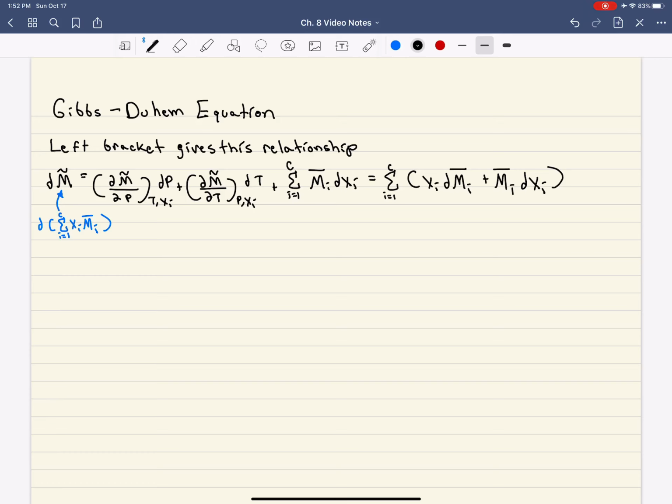Okay? Alright, and so when we expand it out, we get these two terms, and we see that on both the left hand and the right hand side we have that same term. So we could get rid of those terms, and then we could rearrange the equation to this form.